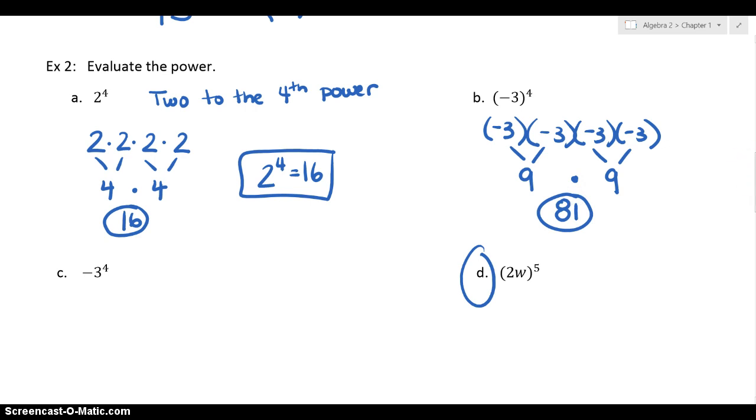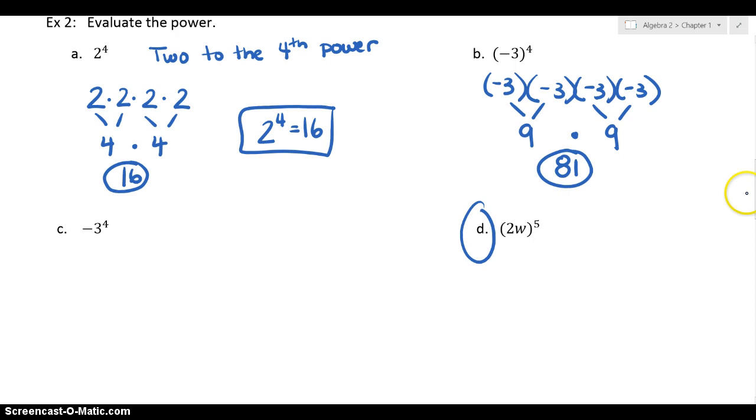Alright, last one that I want to do with you, and then I'll let you work alone. Well, this one, negative 3 to the fourth power, it's so interesting because a lot of people think that C and B are the same, but it's really not, because what you'll notice in B is the entire negative 3 value is in parentheses, whereas in C there are no parentheses.